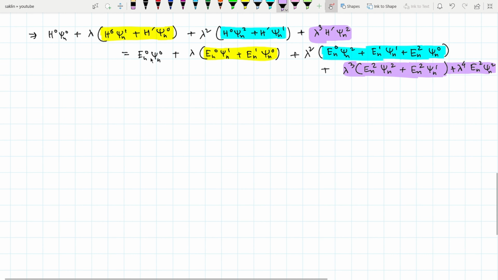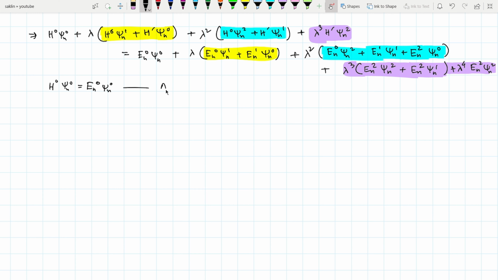So equating left hand side and right hand side, we will get H0 psi n0 equals En0 psi n0.